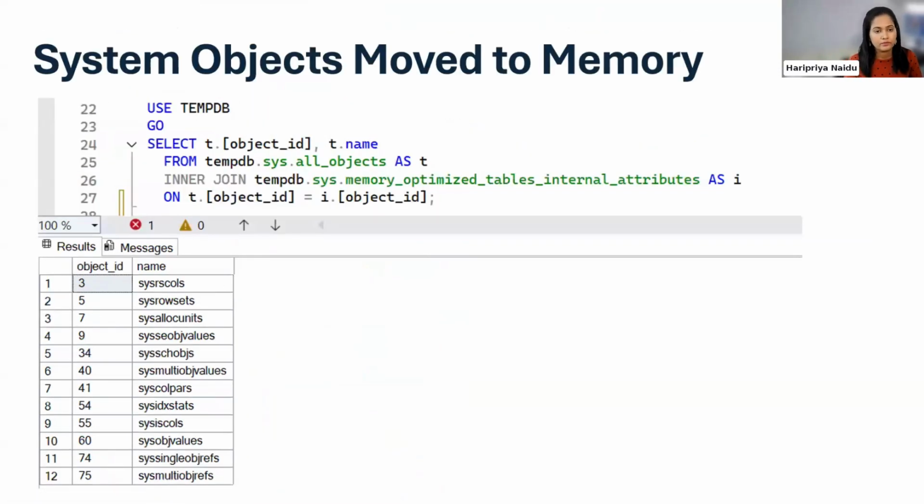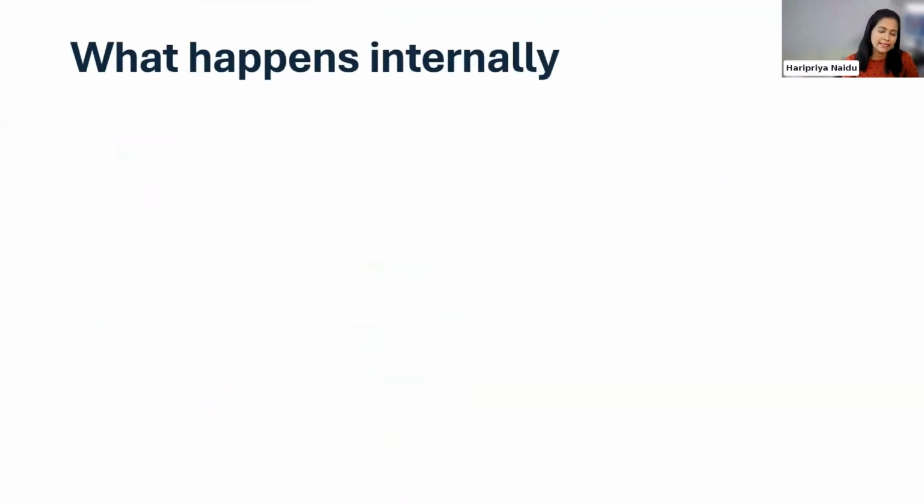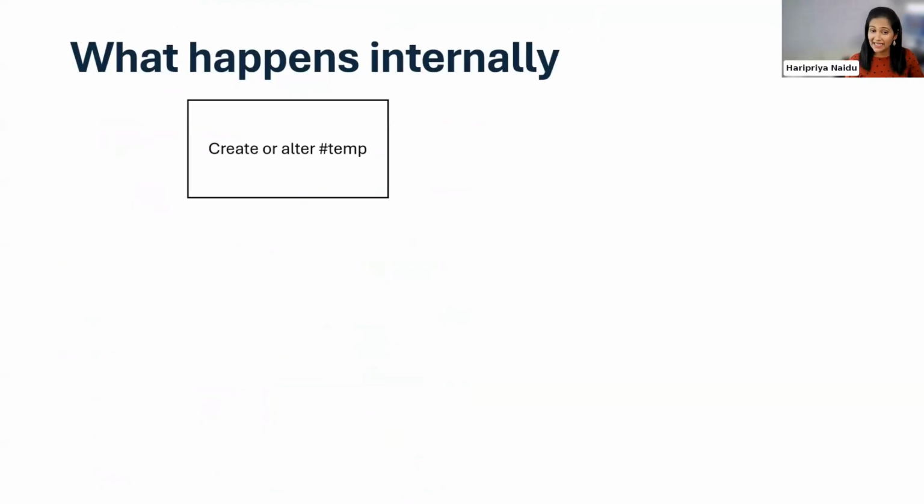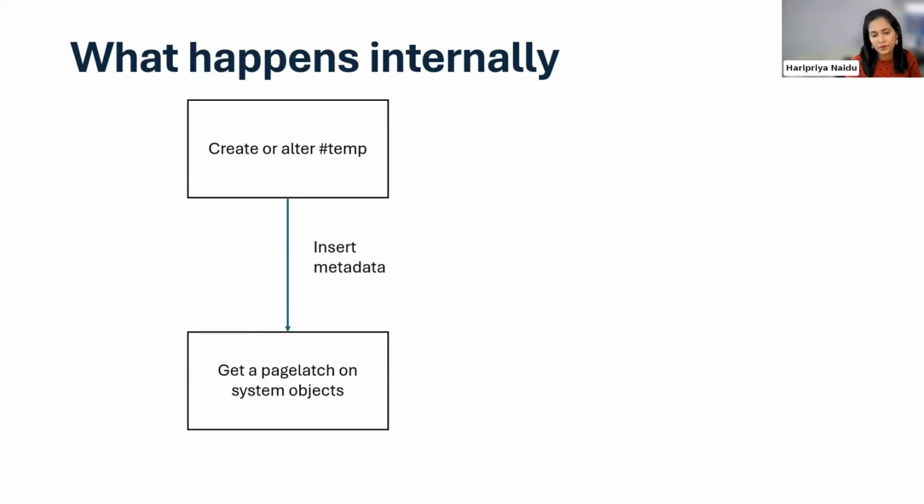All right. So what's exactly going on in the background? If you have any create temp table or alter temp table, I'm sure we all have it in our stored procedures and in many places. So whenever there is a create or alter or DDL operation on a temporary object, it needs to insert metadata into the system objects. And to do that, it needs to get a lock onto the system objects.